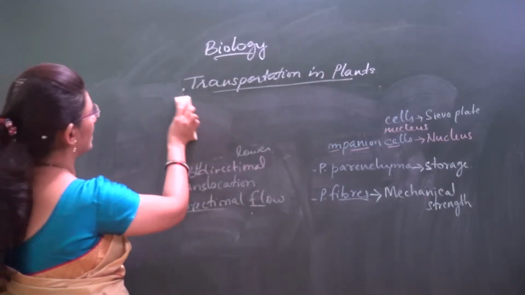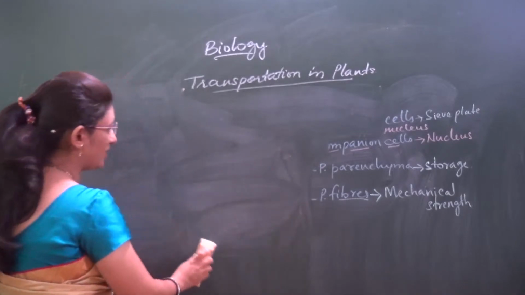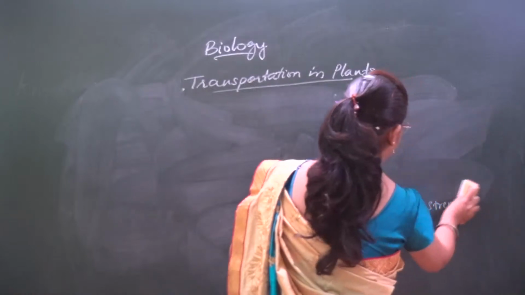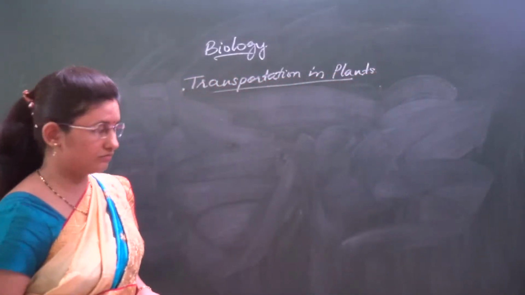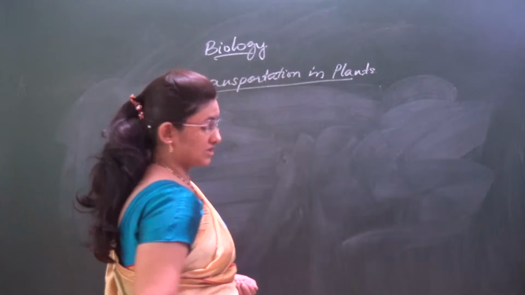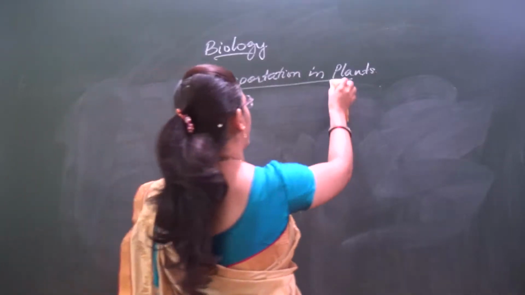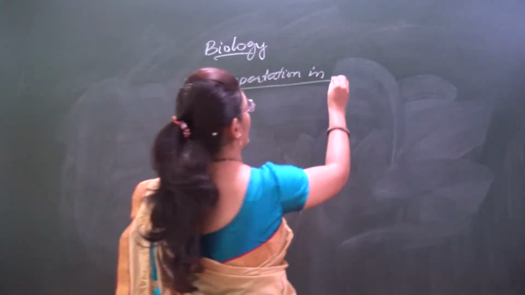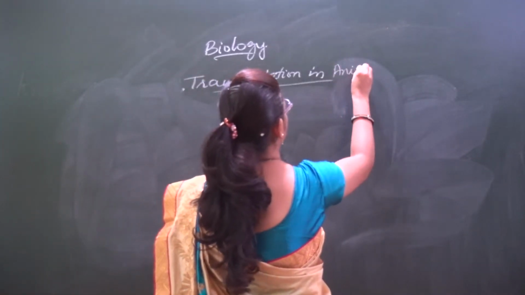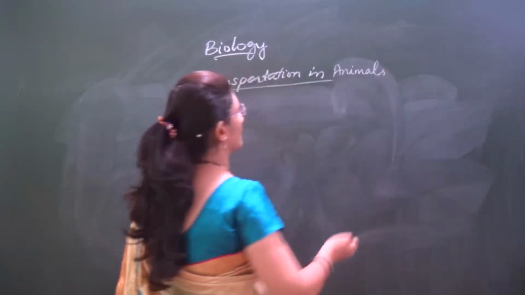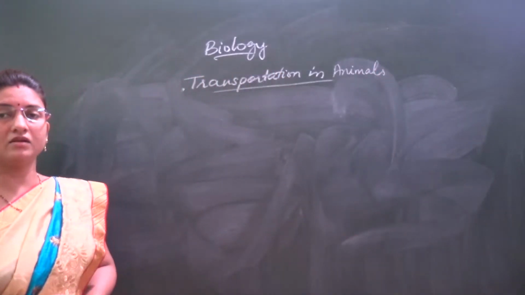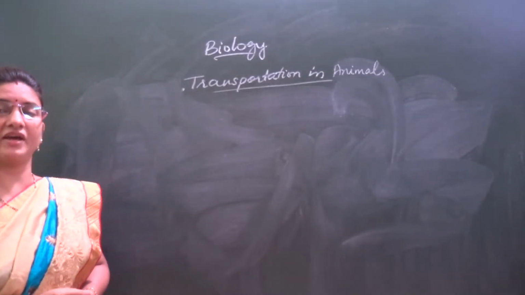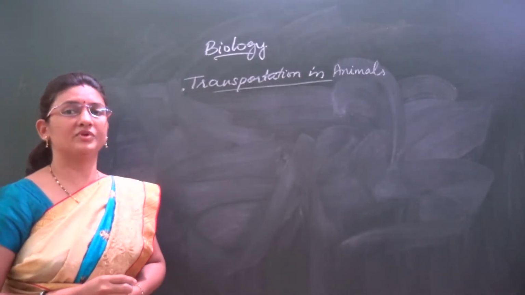Next we come to the next topic, that is transportation in animals. Animals are multicellular organisms with a complex body structure, consisting of perfect systems.